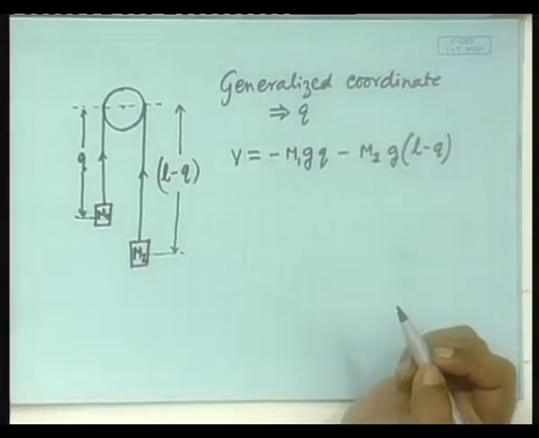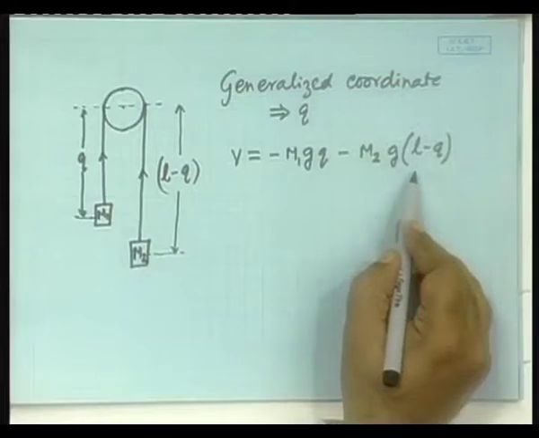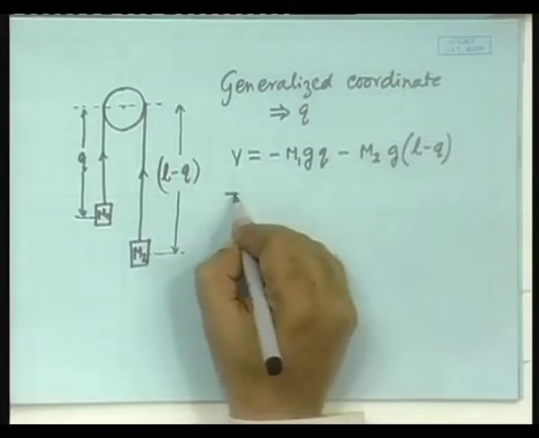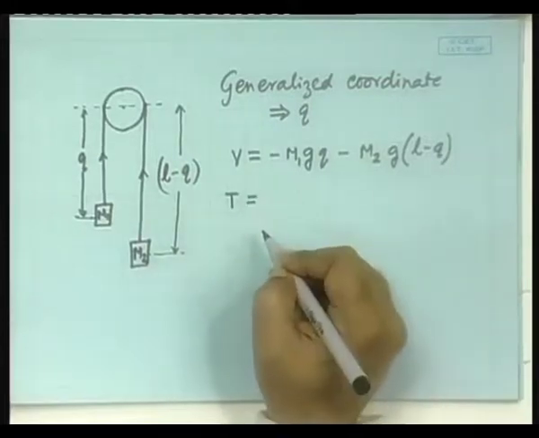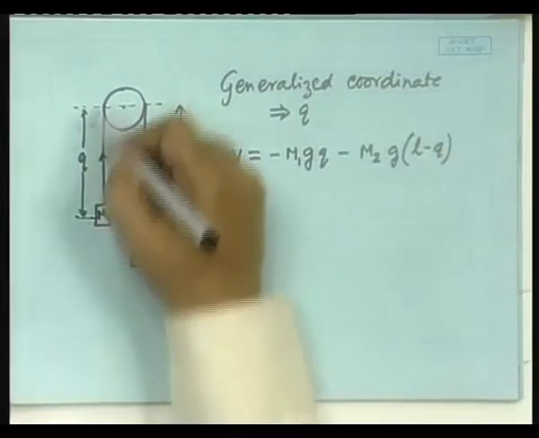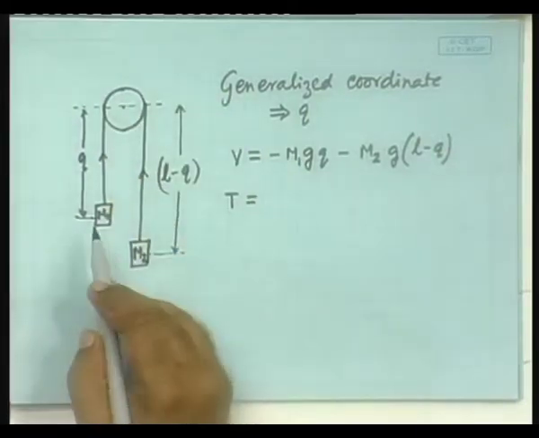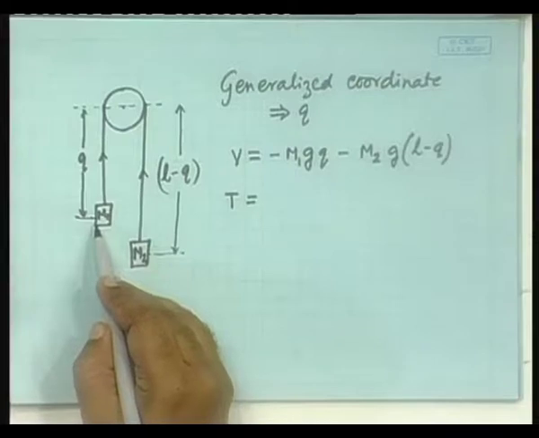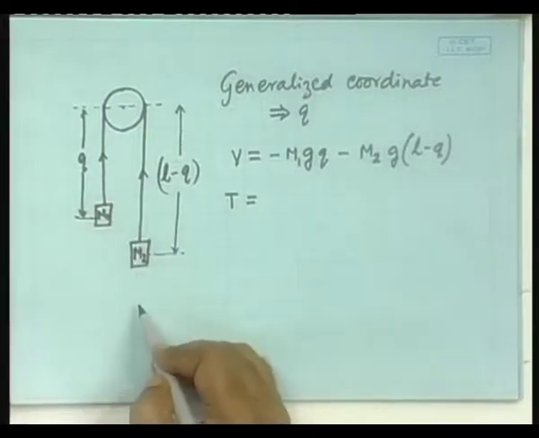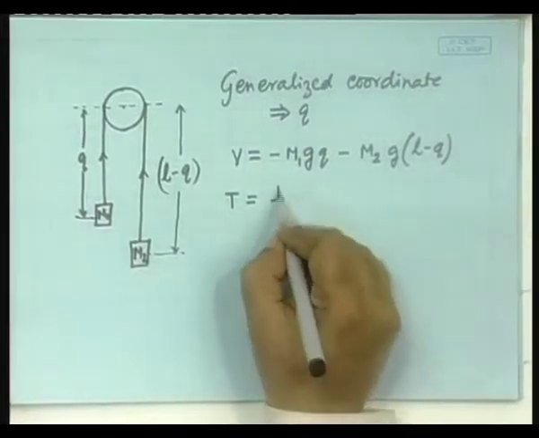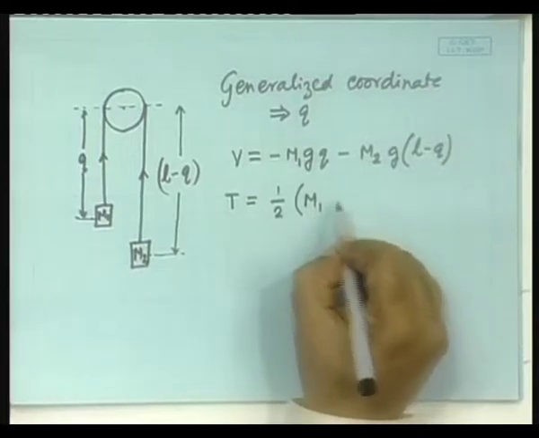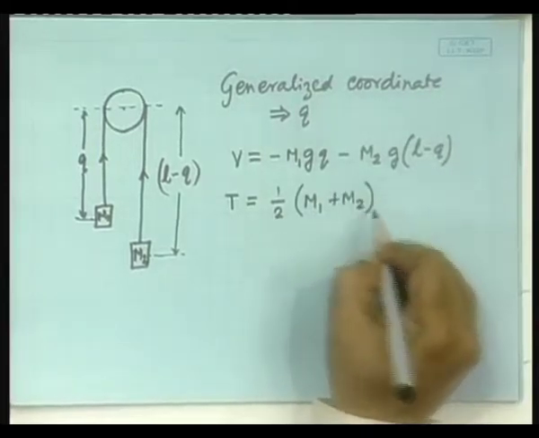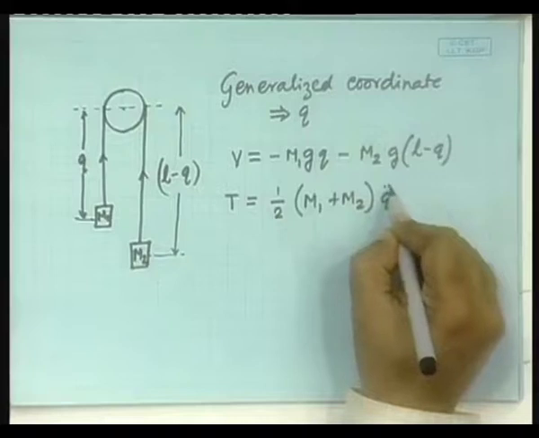Okay. So, that is the total potential energy, and the kinetic energy is, they of course move together. So, if this fellow moves with the velocity q dot, that fellow also moves with the velocity q dot, we can simply add them up. So, half (m1 plus m2) q dot square.